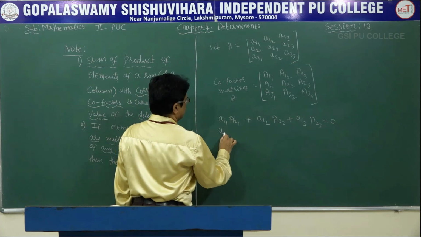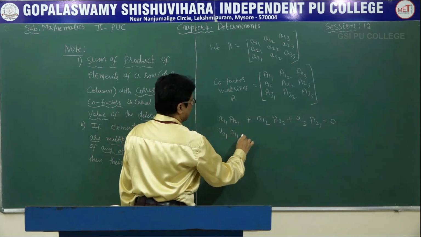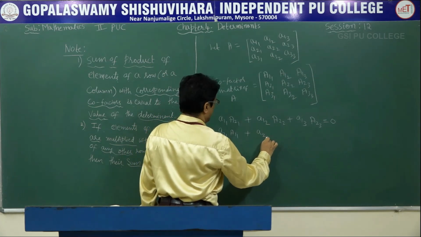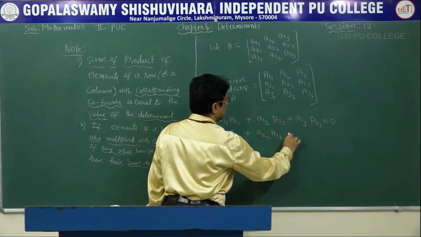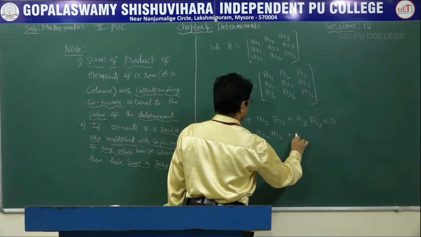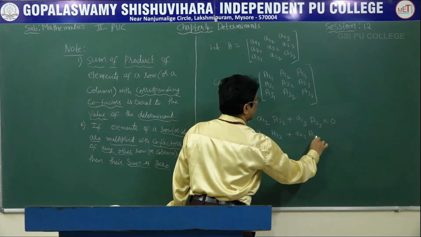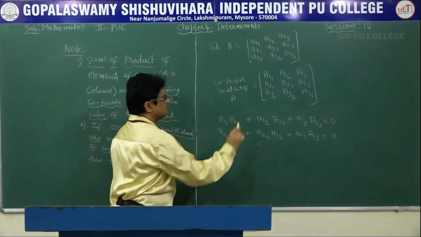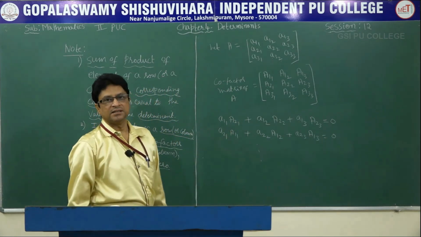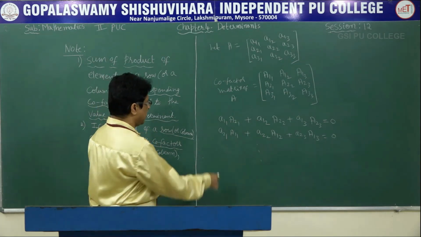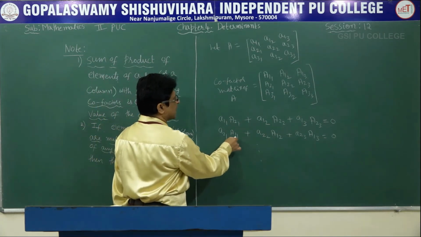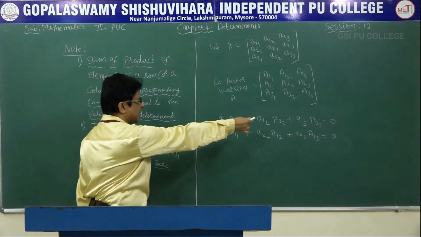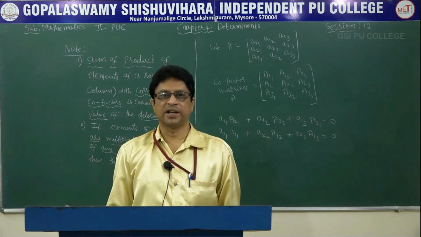Similarly, A21 into A11 plus A22 into A12 plus A23 into A13 will be equal to 0. Similarly, you can go for other rows and columns. See here, elements are from second row and the cofactors are from first row. So in that case we get the value 0. Okay, thank you.